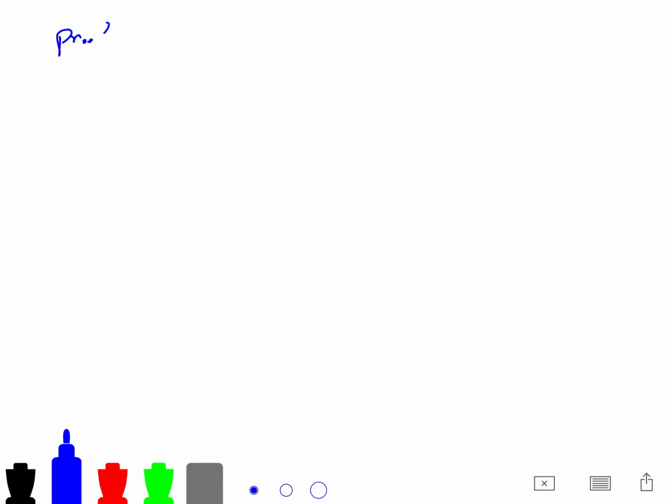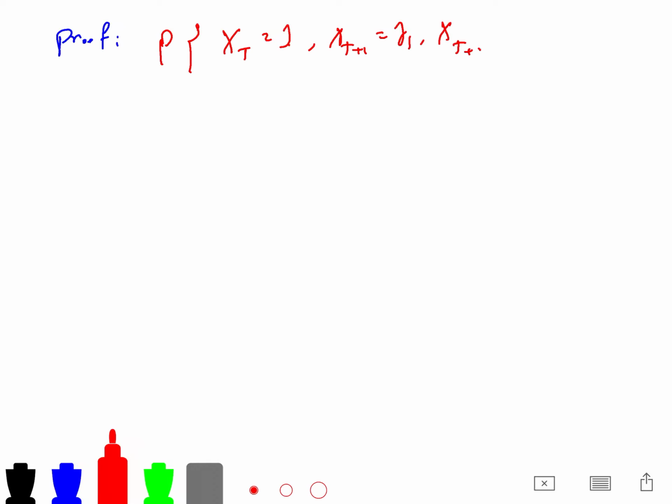So the proof of the strong Markov property is like this. The probability that XT equal to j0, X(T+1) equal to j1, up to X(T+n) equal to jn, intersection with B, which is an event that is determined by x0, x1 until xT.